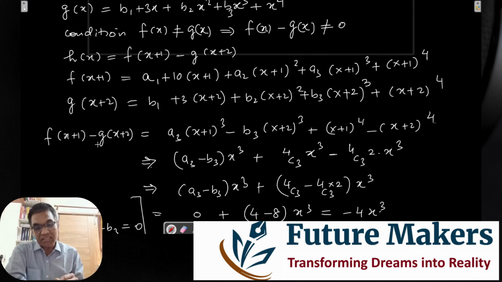Now if I see f of x plus 1 minus g of x plus 2, what do we do? Only those parts which give me x cube, because what have we been asked? The coefficient of the power x cube.